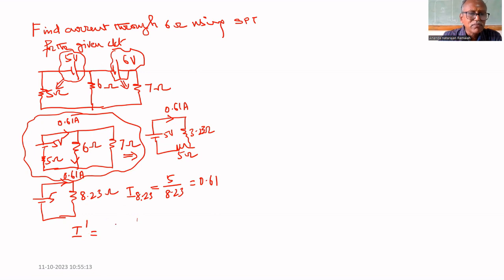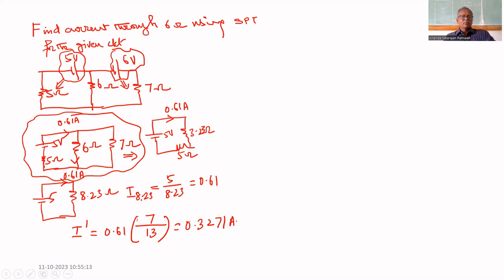I dash equal to 0.61 multiplied by the other branch resistance 7 divided by 7 plus 6, that is 13. That is equal to 0.3271 ampere.